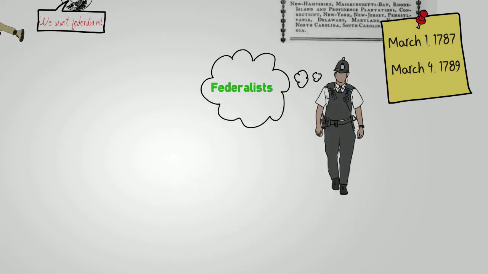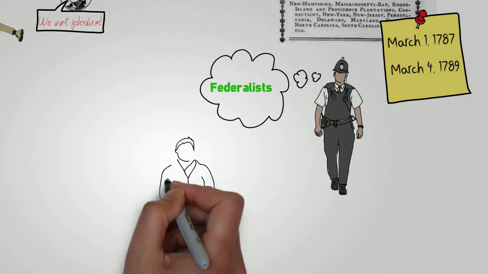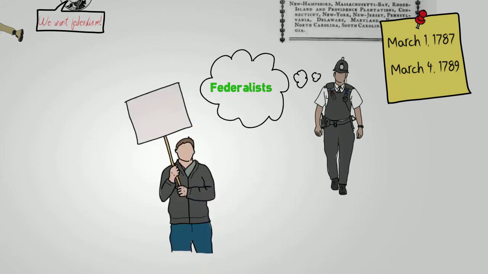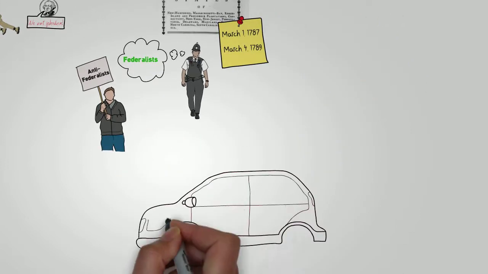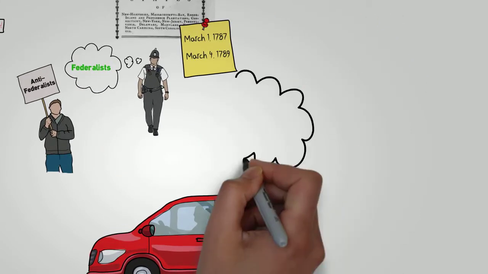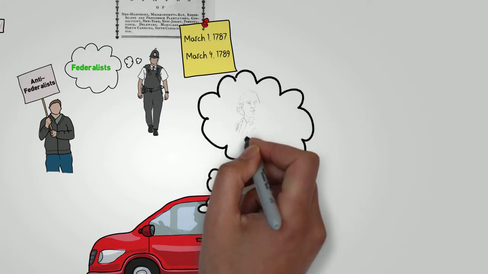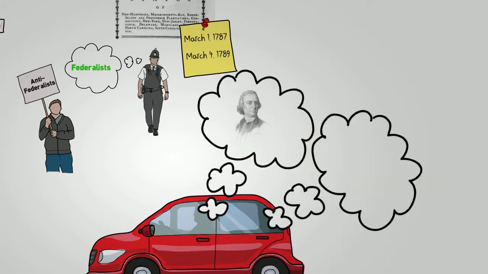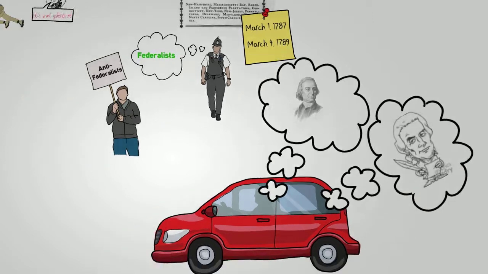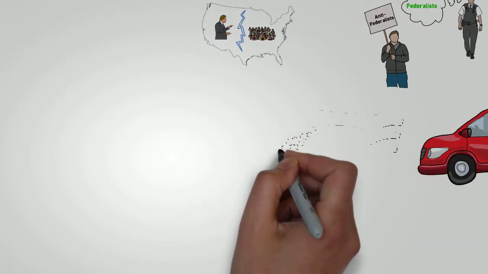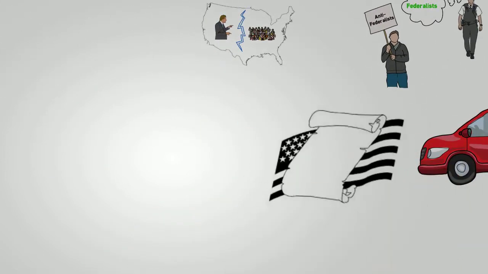One of the most prevalent issues during the development of federalism was those who opposed the Federalists, also known as anti-federalists. It included Samuel Adams and Thomas Jefferson. When the Articles of Confederation failed due to the lack of power in the federal government over the states, the Constitution was drafted.